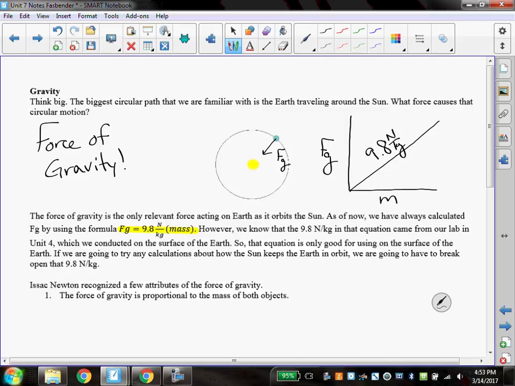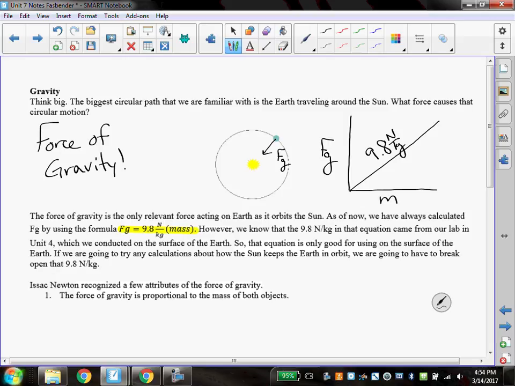But we got that equation because we did this experiment on the surface of the Earth. If we repeat that experiment somewhere else, maybe on the moon, maybe on Jupiter, maybe on Mars, anywhere that is not the surface of the Earth, we're not going to get that same slope of 9.8 newtons per kilogram. That 9.8 newtons per kilogram is particular to the surface of the Earth. But the last part of this unit is us investigating space, and so we're not going to be on the surface of the Earth anymore.